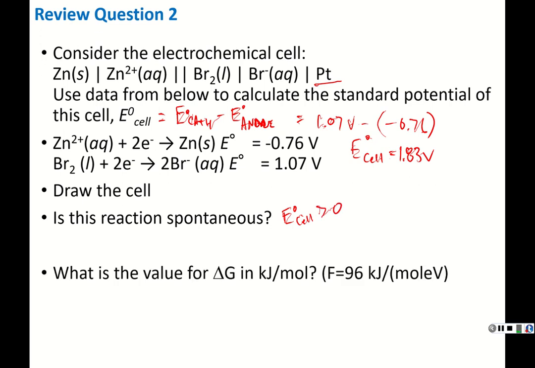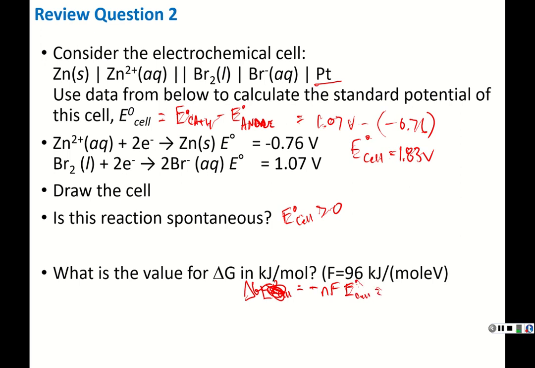What is the value for delta G in kilojoules per mole? And it gives us a value for F here. Remember, that relationship is delta G equals minus N F times cell potential.